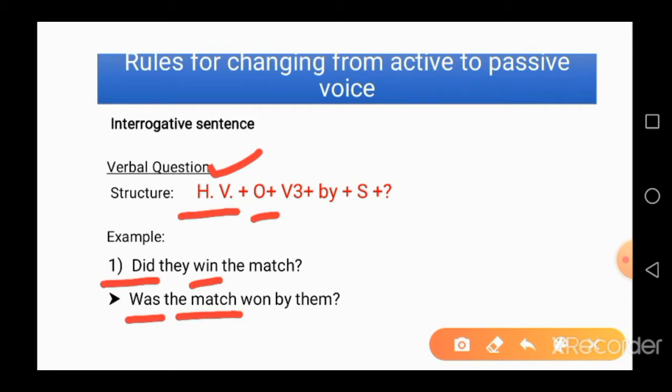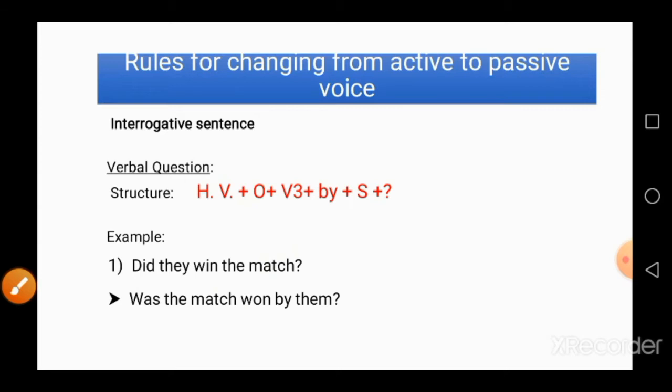So, was is here. So, we have taken the helping verb first and then object and after object we take the third form of the verb, and the word won is the third form of win, won, won, and then by and then subject. So, they turns into them in the passive voice.